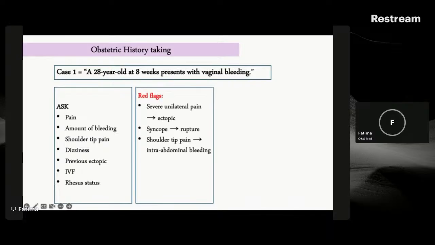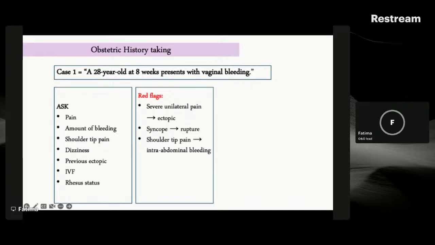Or is there syncope because they are so anemic, and do they require a blood transfusion? And then shoulder tip pain as well. We're thinking ectopic: intra-abdominal bleeding causes the shoulder tip pain because it puts pressure onto the phrenic nerve, and that is a sign of ectopic pregnancy as well.